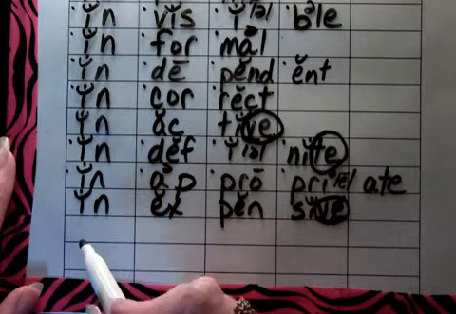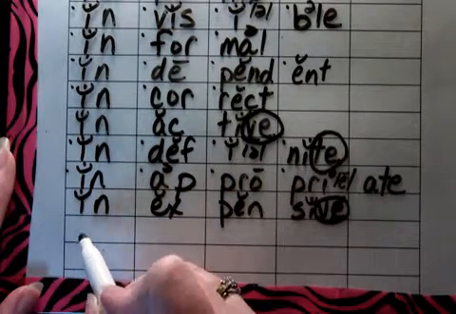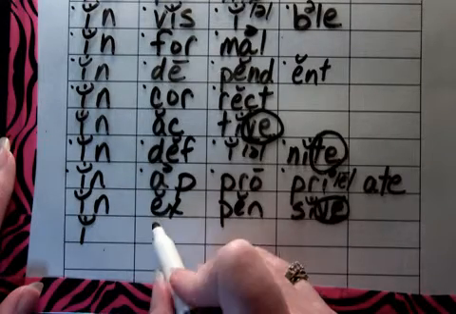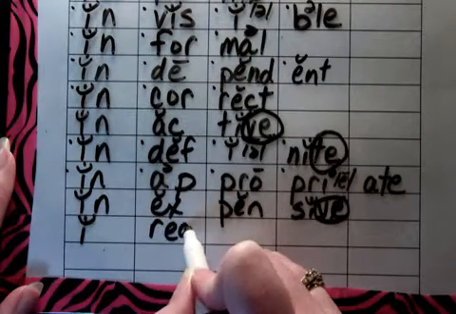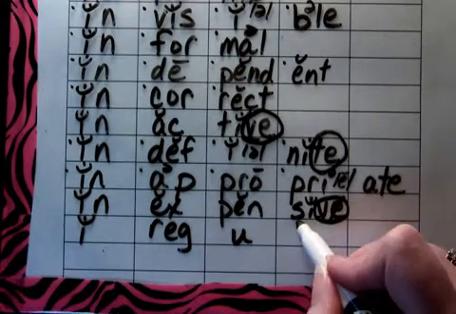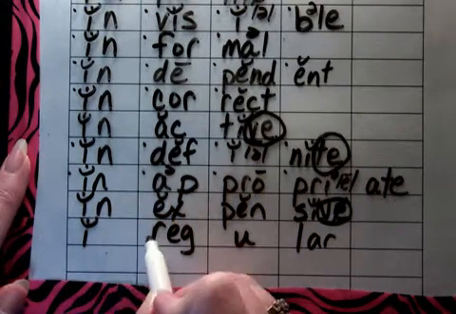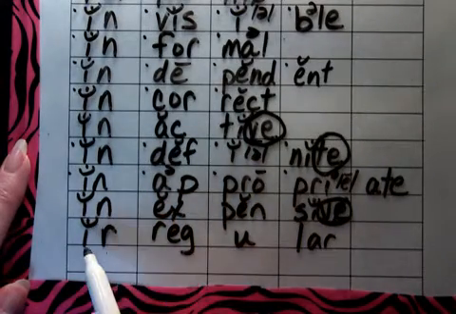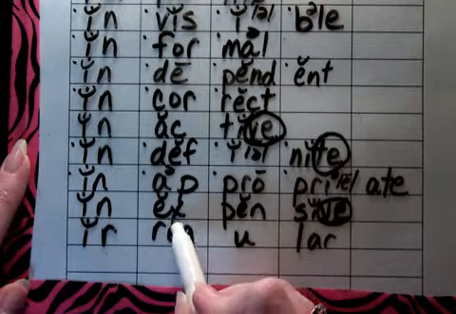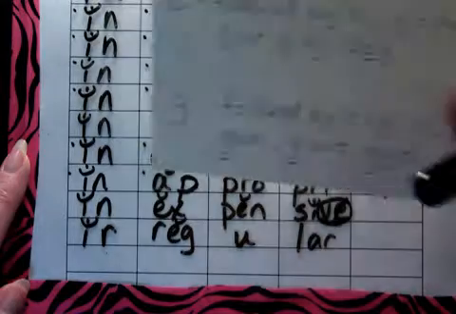Alright, the next one is irregular. We're going to the IRs now. We have to double the R. Now remember this.